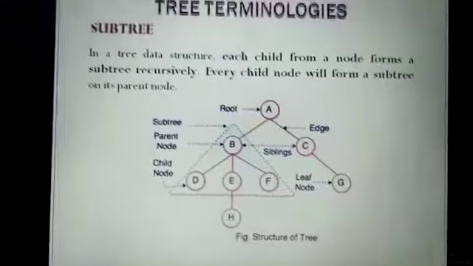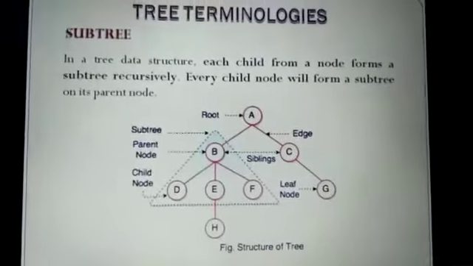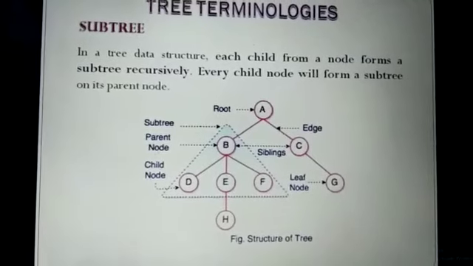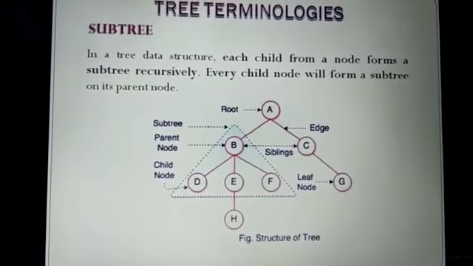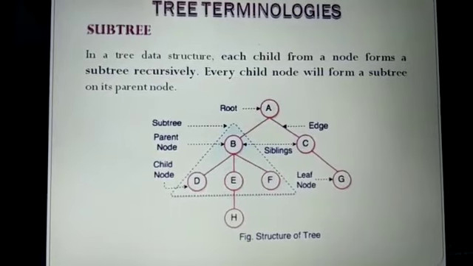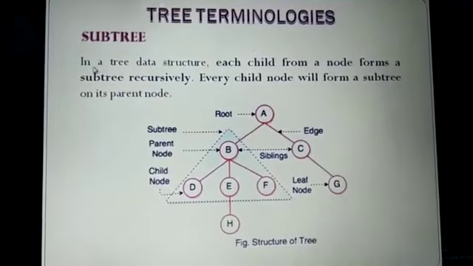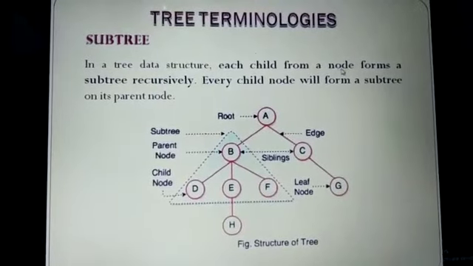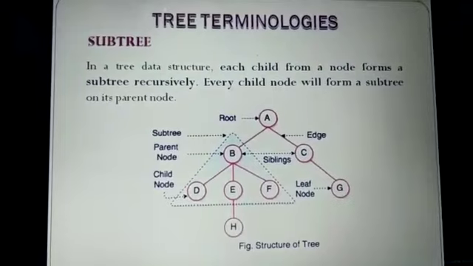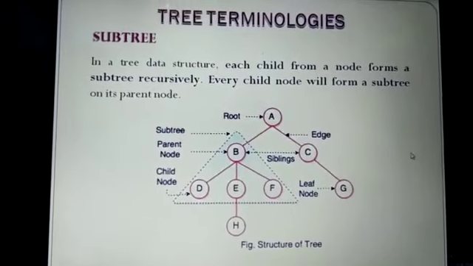In this example, every child node will form a subtree. From B we can have a subtree. From D we can have a subtree. Each and every child has a subtree recursively. That's all from tree terminologies, dear students.